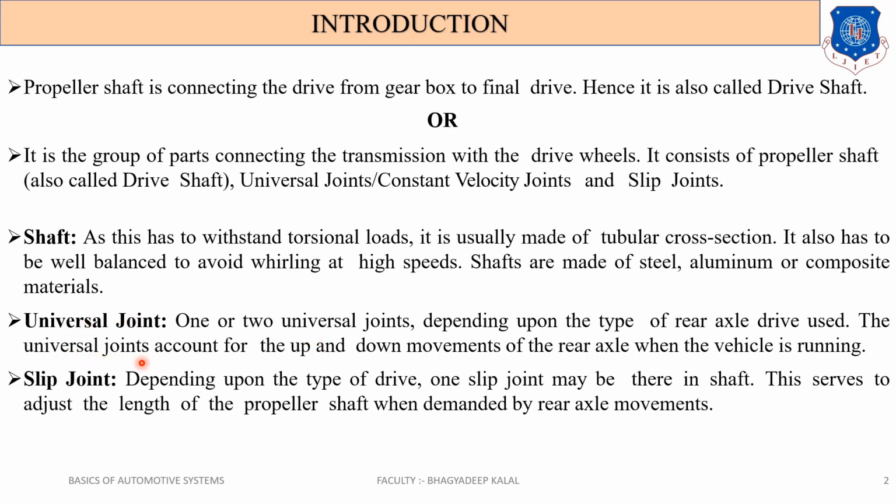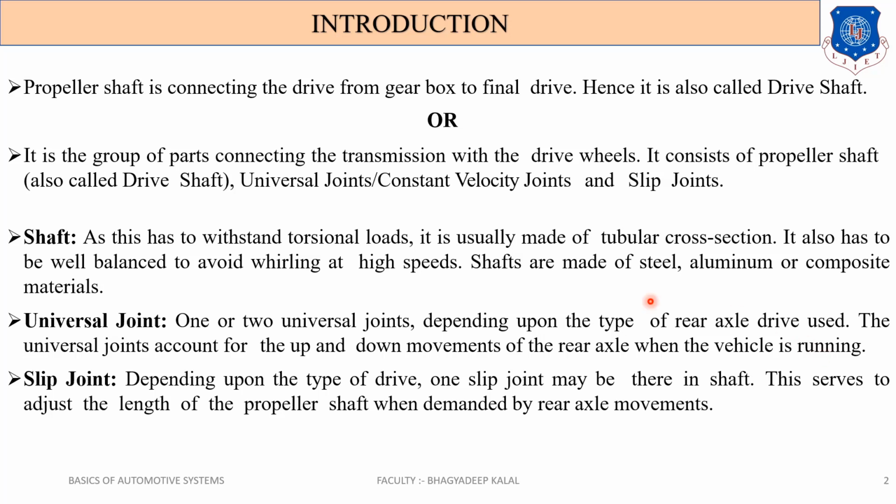The universal joint accounts for the up and down movement of the rear axle when the vehicle is running. Its main function is to transfer power, or torque, at an angle, up to about 18 degrees, from one place to another.